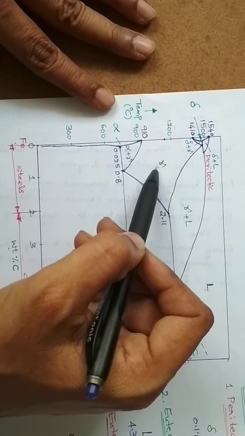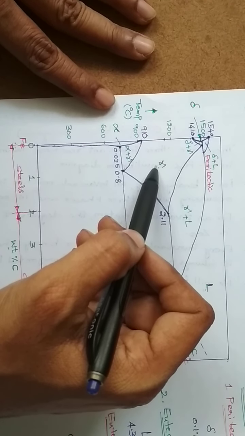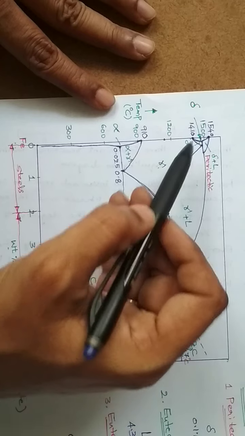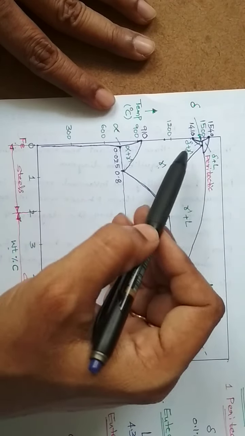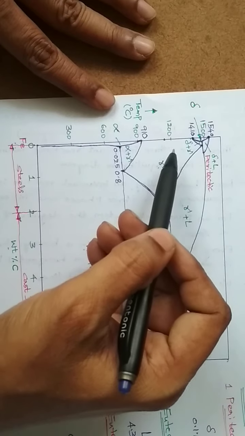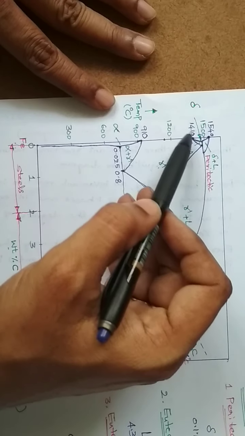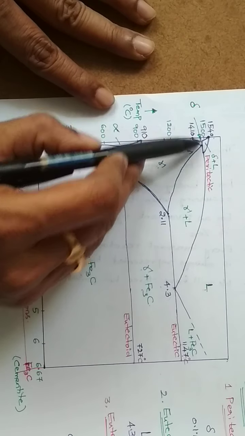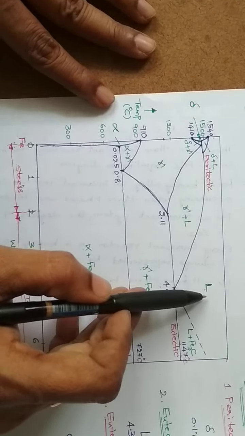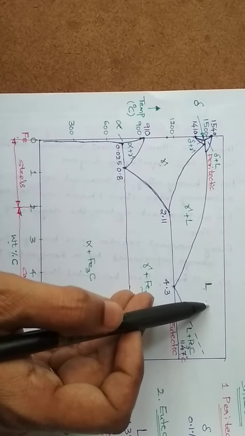This is called austenite phase, and the crystal structure is FCC, close packed structure. And again from 1410 to 1540, the crystal structure of iron changes to BCC, and above 1540, being the melting point of iron, iron exists as a liquid.